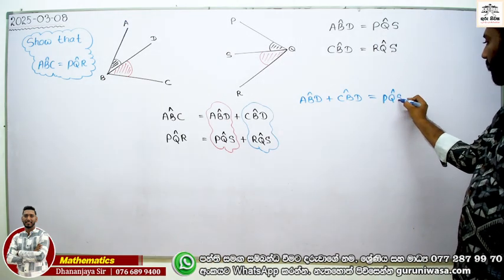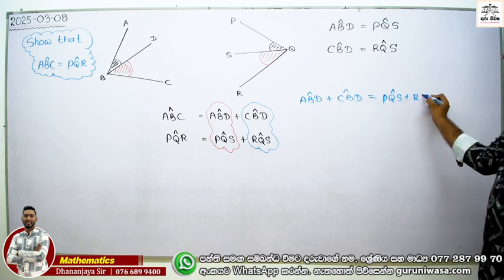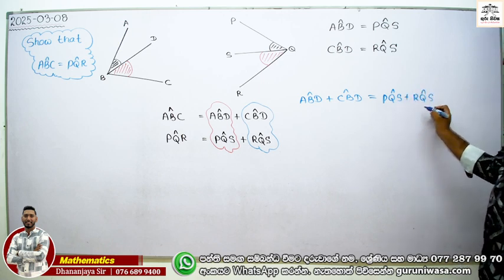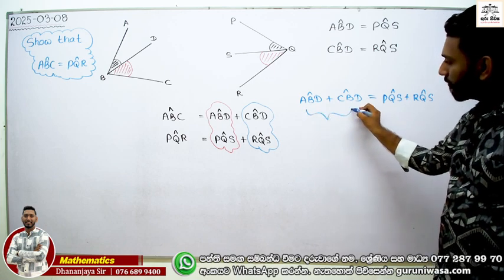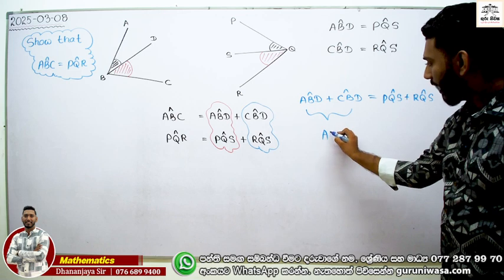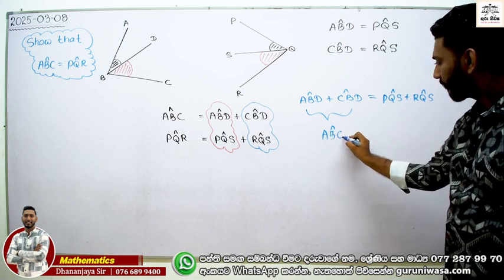PQS plus RQS. Right? ABD and CBD become angle ABC.